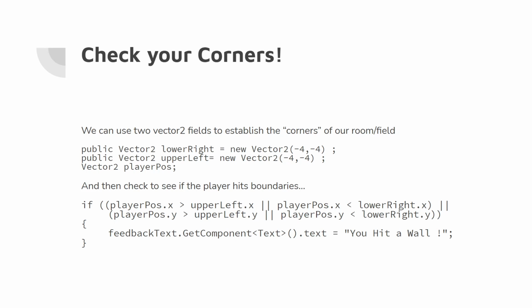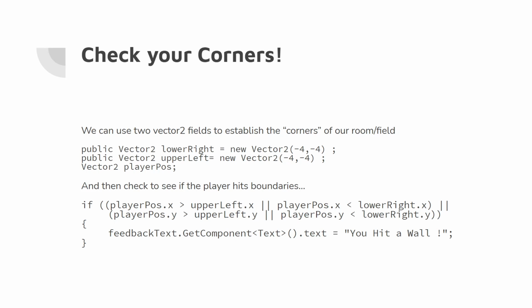But for now, in terms of our logic here, we're saying player position greater than, and we're comparing the y values, and this is all part of this compound statement where we're checking, is this true, or is this true, or is this true, or is this true? So if the user has exceeded the bounds in any of those 4 cases, then we can set the feedback text to something like, you hit a wall.